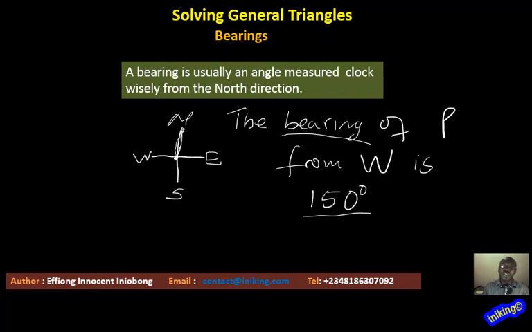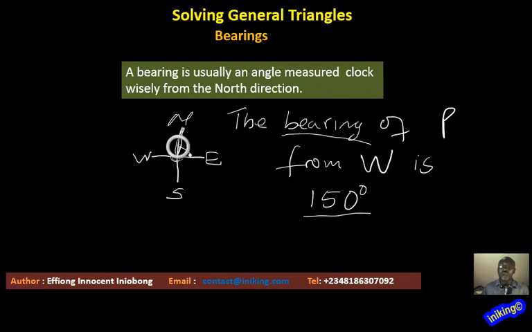Let's assume that this point is our W. That's our point W where we are, and we want to locate P, and we are told the bearing is 150 degrees. It simply means starting from the north direction, going clockwisely, measure out 150 approximately as much as you can. If you have a compass, you can take it full.